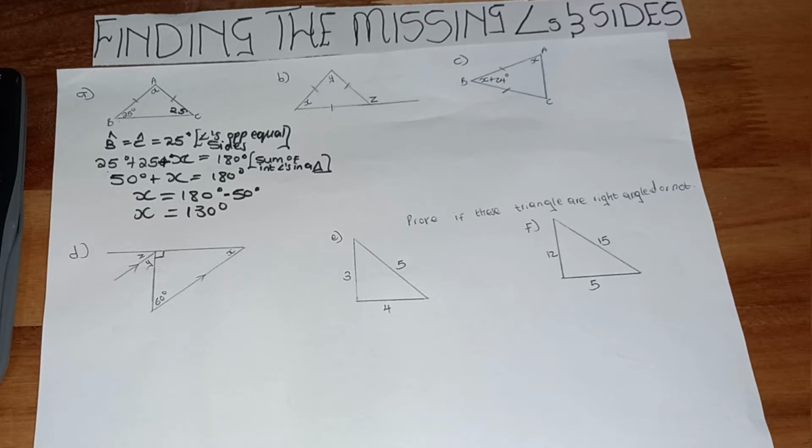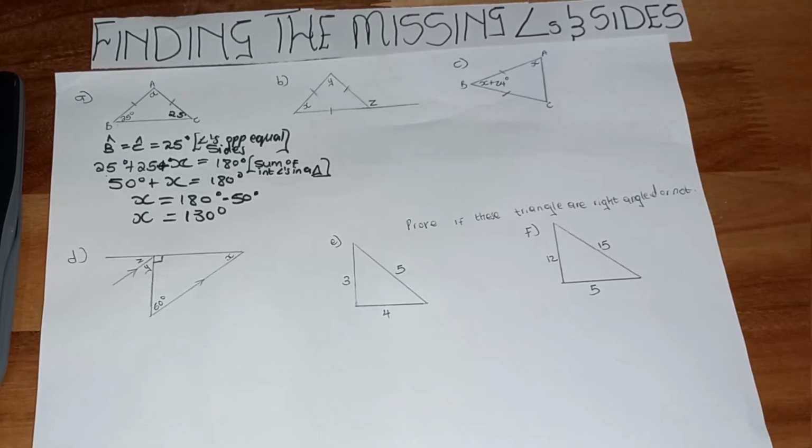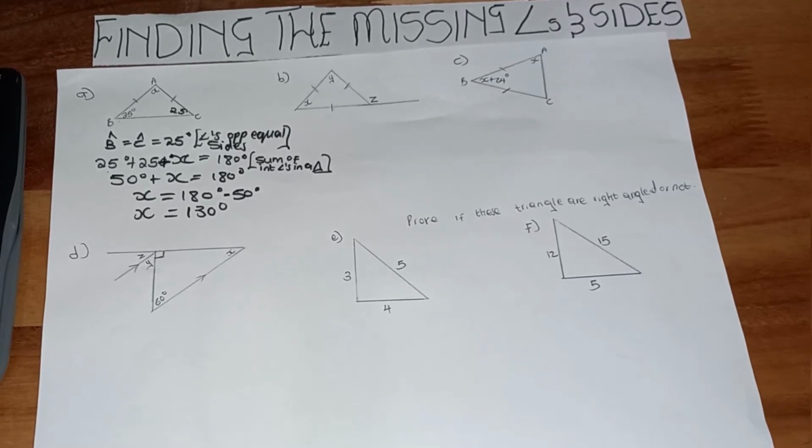As you can see on letter B, we have to solve for three unknown variables, which are y, x, and z. When you look at your triangle, you must first analyze it so that you can know how you are going to solve for these variables.